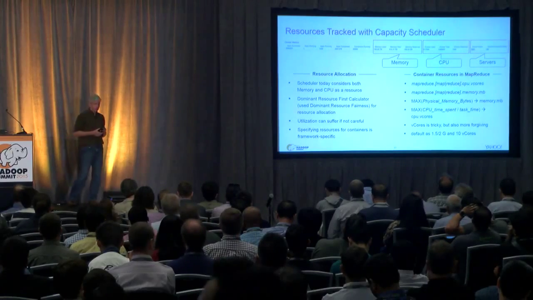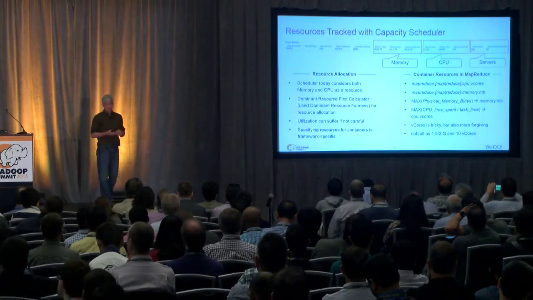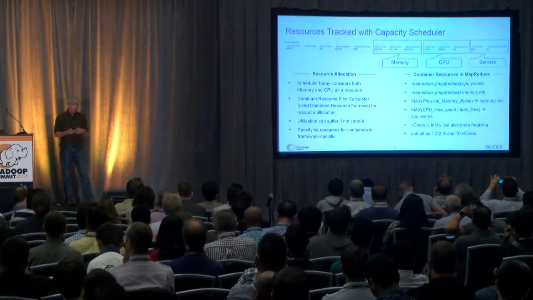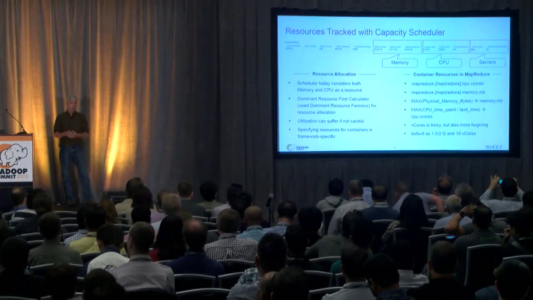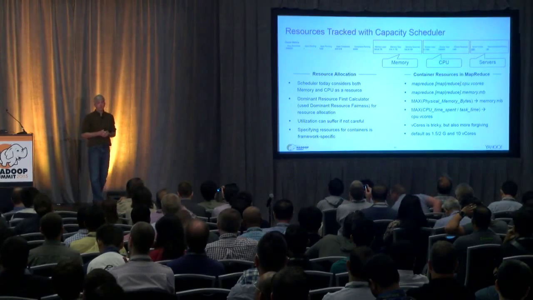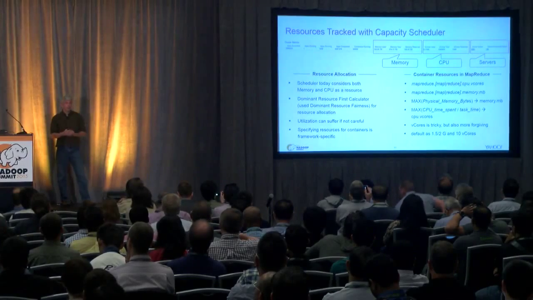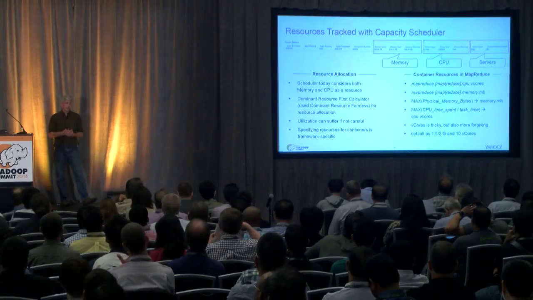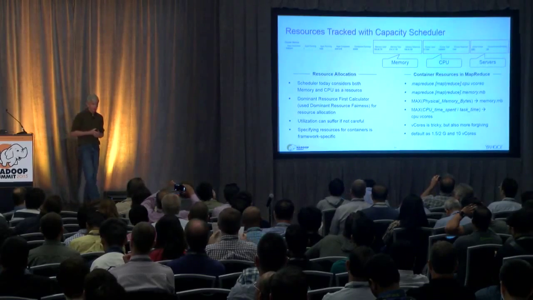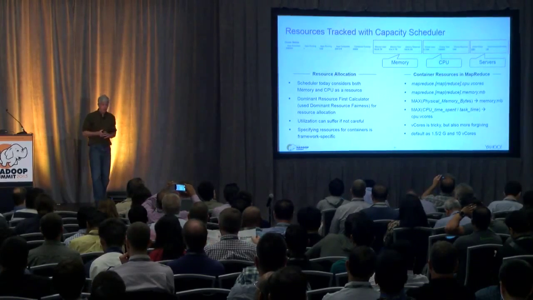So, resources tracked by the capacity scheduler. Right now, this is mainly memory and CPU. Memory was first. CPU came along, I don't know, in the last year or so. We're using both. We have been for at least 6 months, probably a year. There have been a couple of hiccups along the way, but we're pretty much there now.